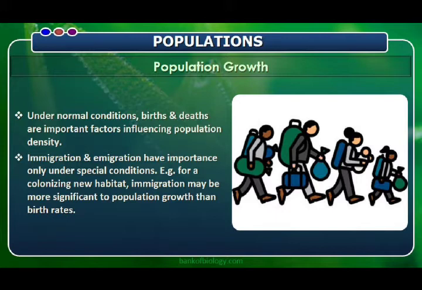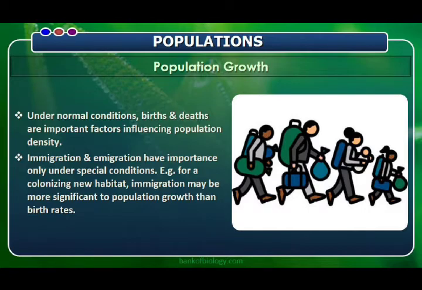Immigration may be more significant to population growth than birth rate. So under normal conditions, birth and death rate fluctuate your population density, but when a special condition exists, for example colonizing a new habitat, at that time immigration has more significance over birth rate.